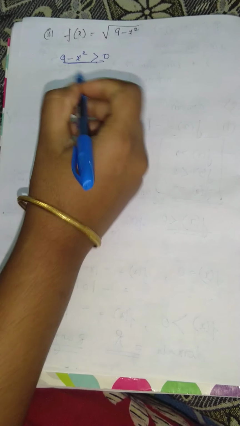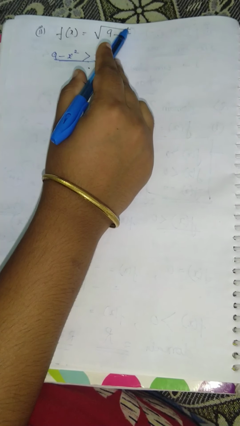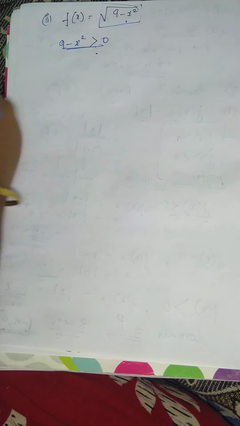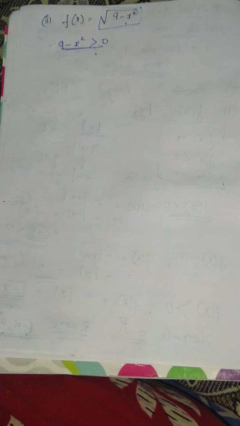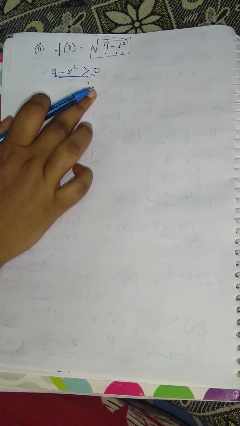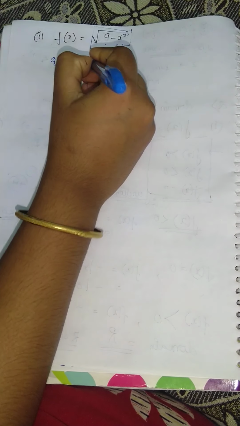You may be wondering why I am saying so. Because anything inside the root symbol should be positive, or else this function itself will not be defined. In that case, I am taking 9 minus x square, this part itself should be greater than 0, and for this to be 0, it should be greater than or equal to 0.